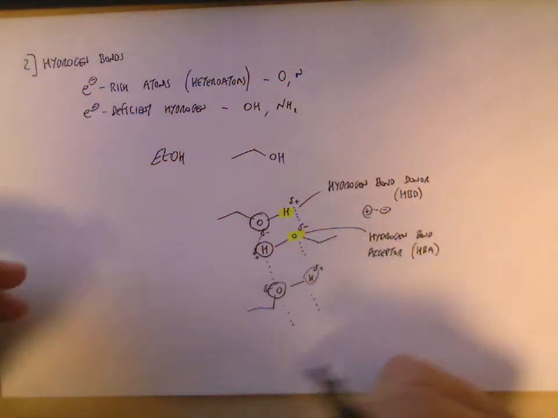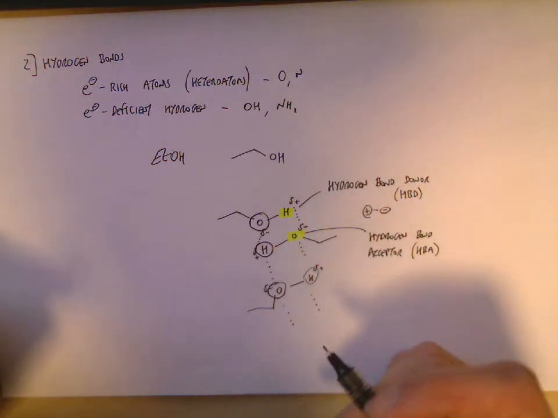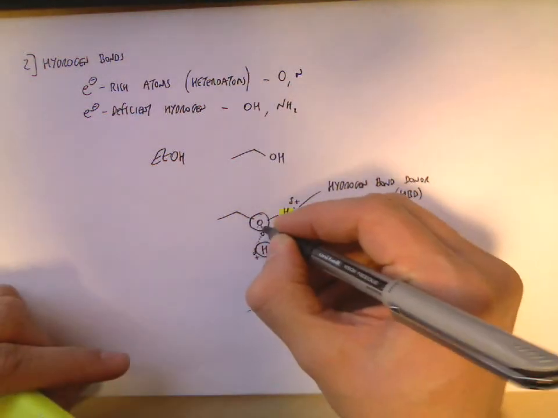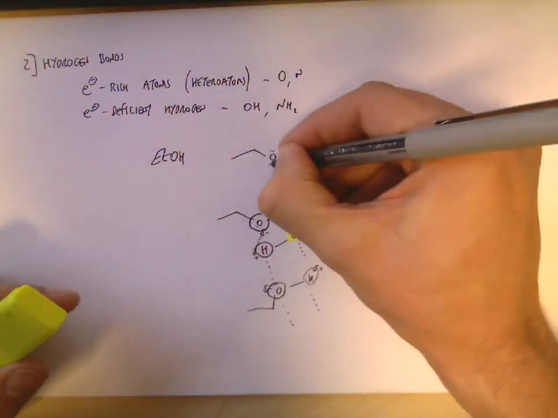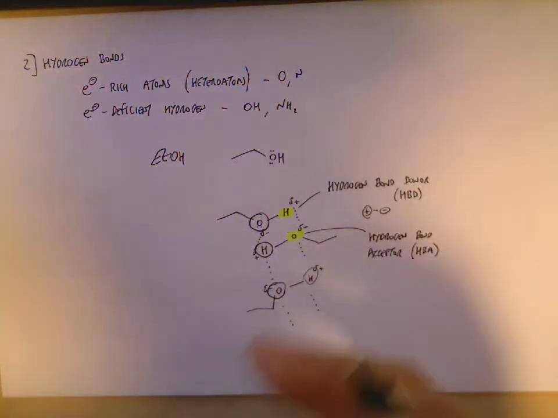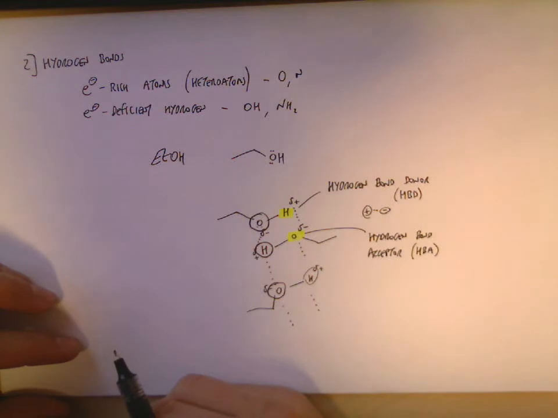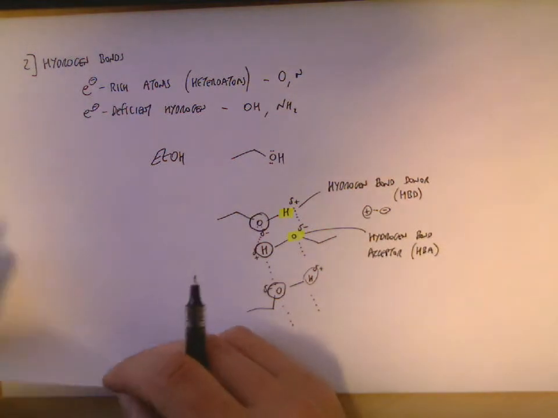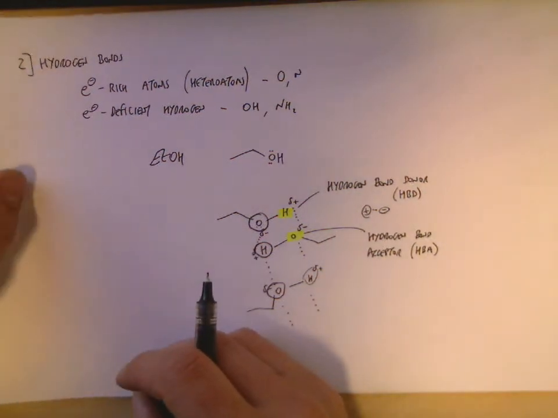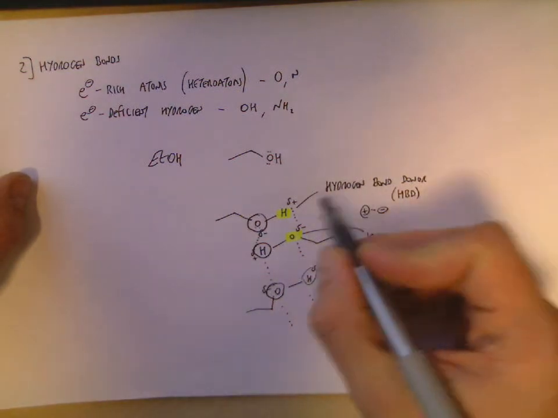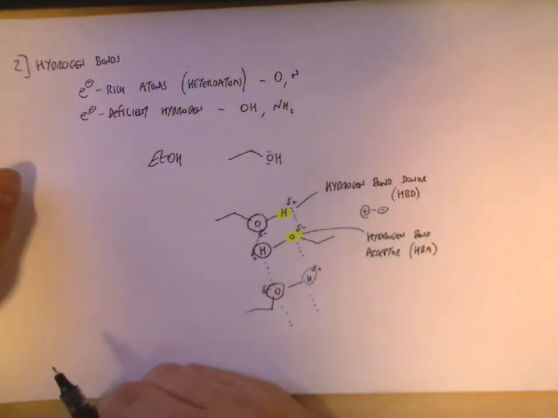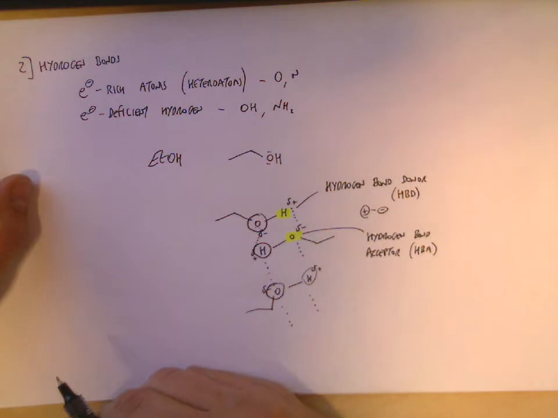So alcohols can behave as both a hydrogen bond acceptor or a hydrogen bond donor because of the lone pair of electrons on the oxygen, which is relatively electron rich. You can consider these as being weak electrostatic interactions.